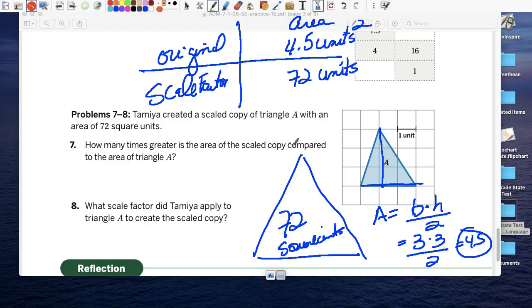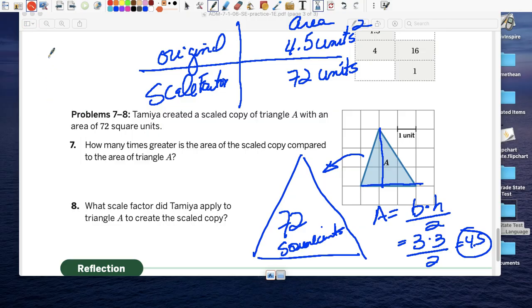Right, so what's the scale factor? What did they increase the dimensions of this triangle to eventually create a triangle that has an area of 72 square units? That's the question. So remember that little formula we got by noticing what happens.